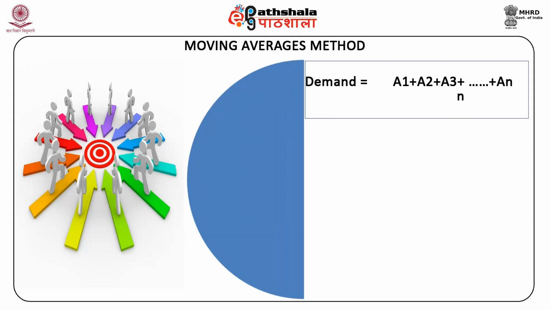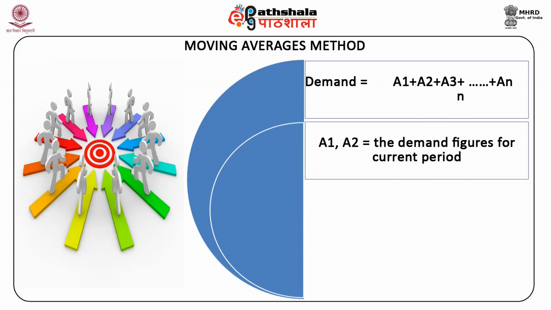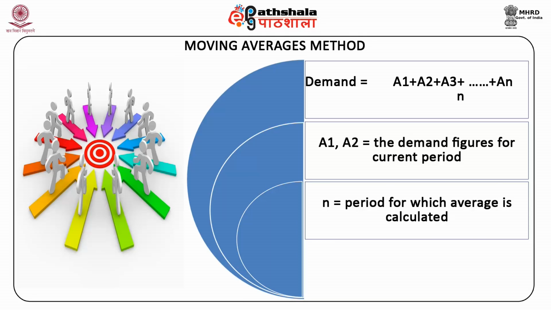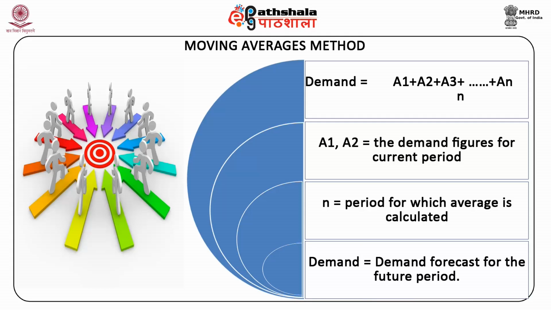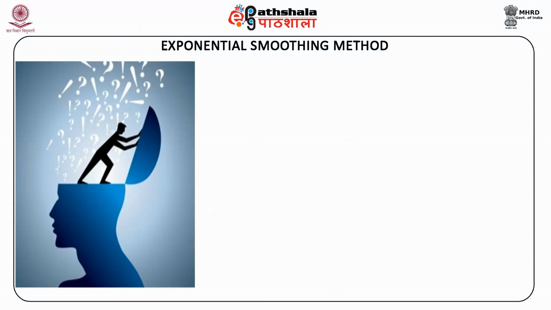Demand = (A1 + A2 + A3 + so on + AN) divided by N, where A1, A2, A3 till AN are the demand figures for the current period, N is the period for which average is calculated, and Demand is the demand forecast for the future period.